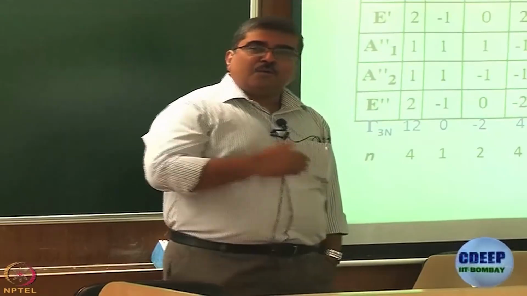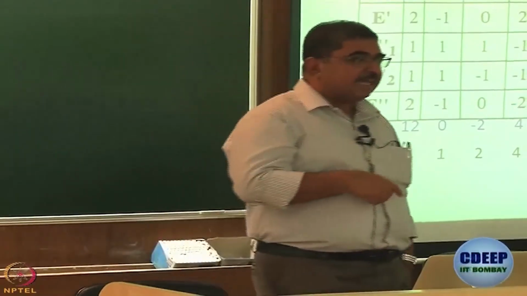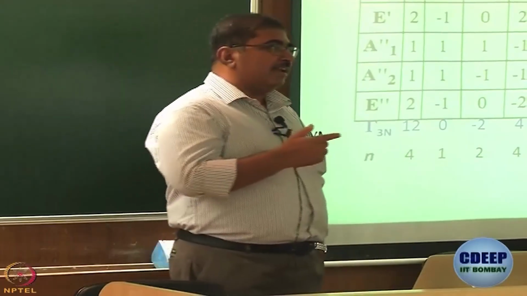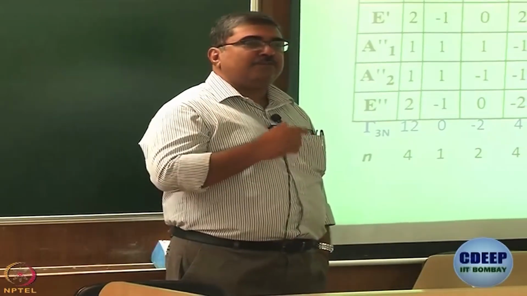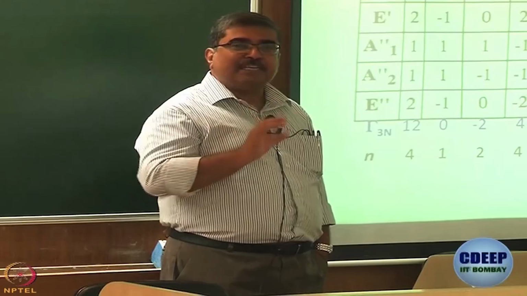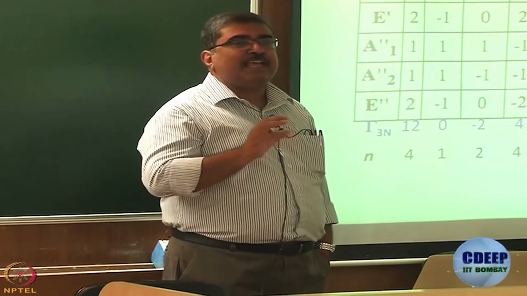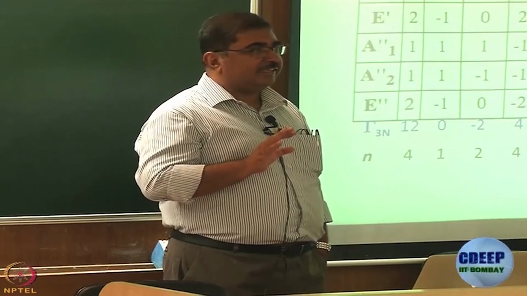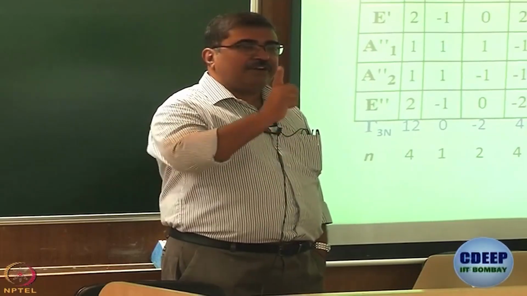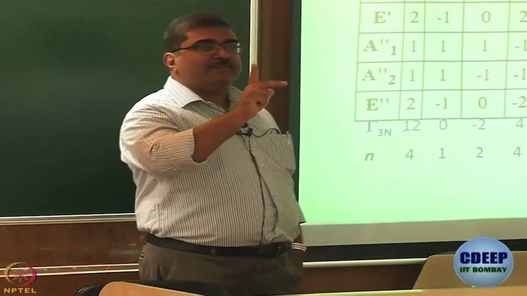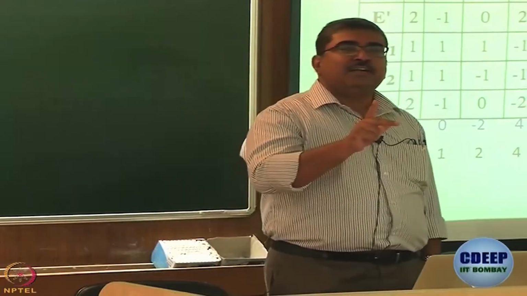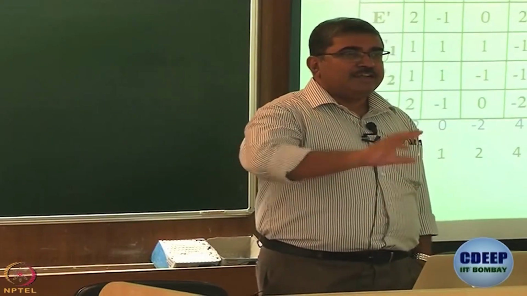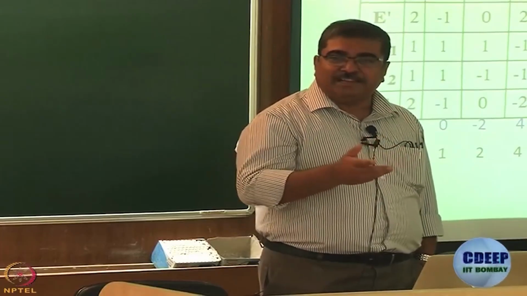Now, what I have to do to arrive at these characters of gamma 3n is to multiply each n by the character of the representation that we get by using x, y, z as basis. Is that right? After all, if you remember, it does not matter whether it is x1, y1, z1 or x2, y2, z2, x3, y3, z3, x4, y4, z4, they transform in the same way.